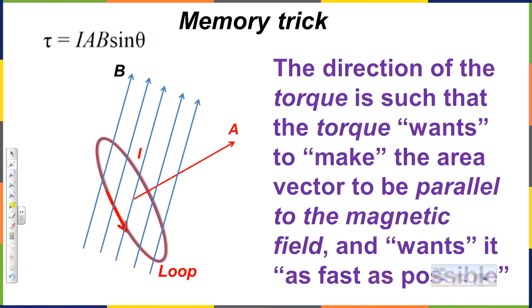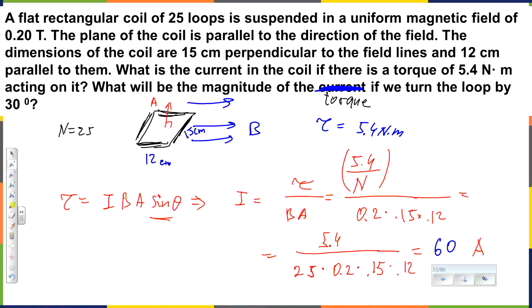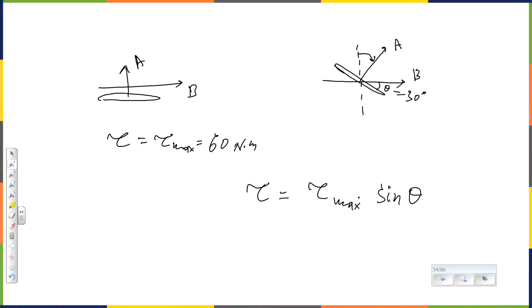So now, I think it might be my last question to you today. New torque equals 60 times sine 30 degrees. Yes, it is a correct way to calculate. No, it is a wrong way to calculate. Make up your mind, please.